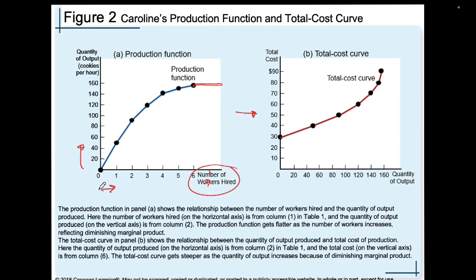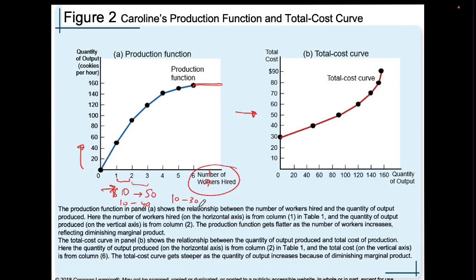Because this first person, if you are giving him, let's say, $10 as his wage, he was producing 50 cookies. The next person that you hired, you were still giving him $10, but he was only producing 40 cookies. The next person that you hired, you were giving him $10, but he was only making 30 cookies.